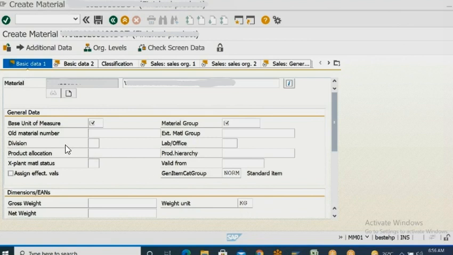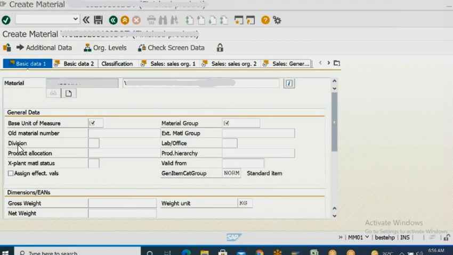Next, old material number. If the legacy material number and SAP material number are different, then we maintain the legacy material number in the field of old material number for reference purpose. Next, division.